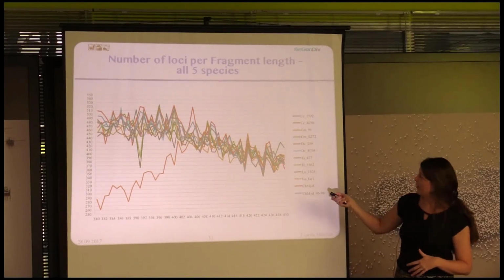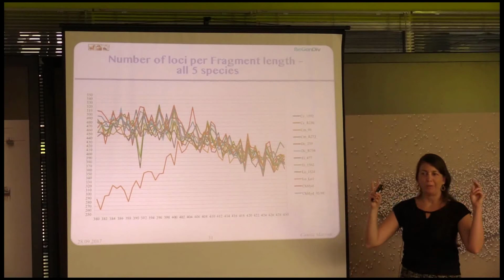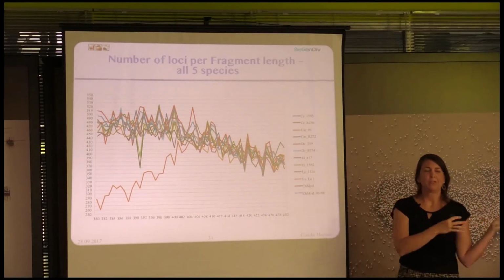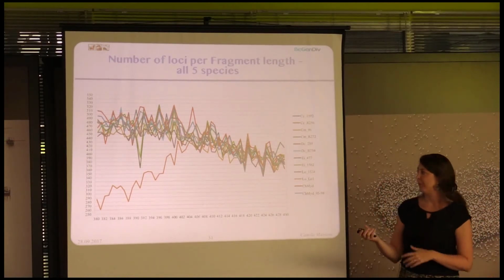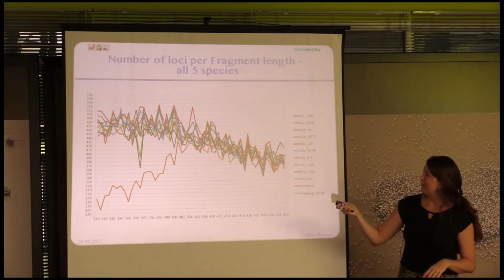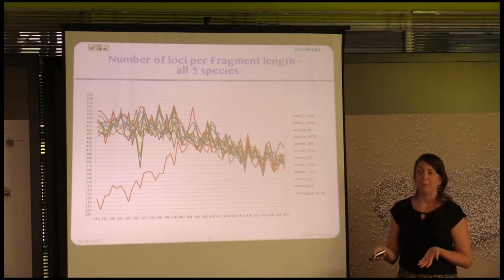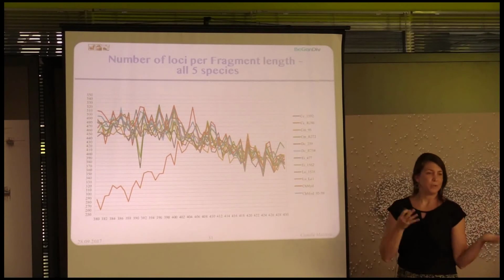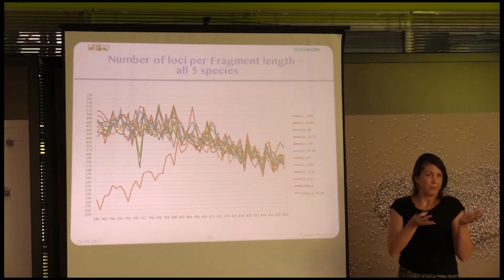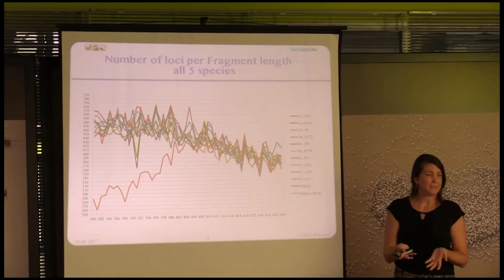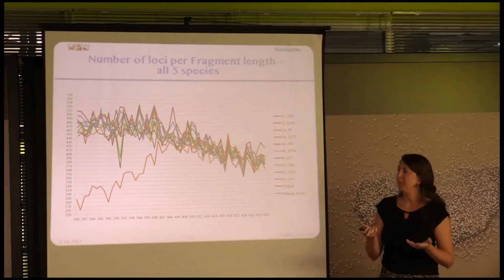But the others, where we tried to reach some sort of saturation, meaning we tried to catch all the loci that were there, were following pretty much the same thing as the genome. And if the turtles are so conserved for this high complexity part, that's exactly what I expect. The numbers should be similar.